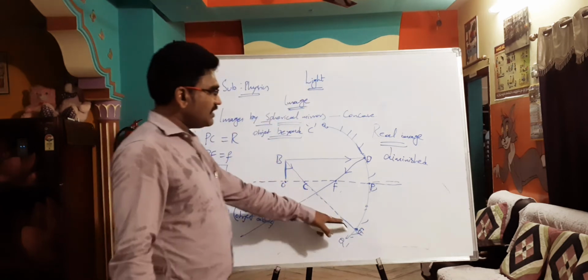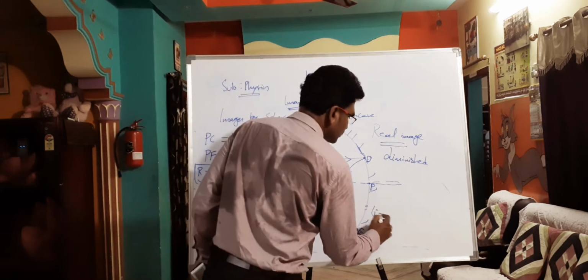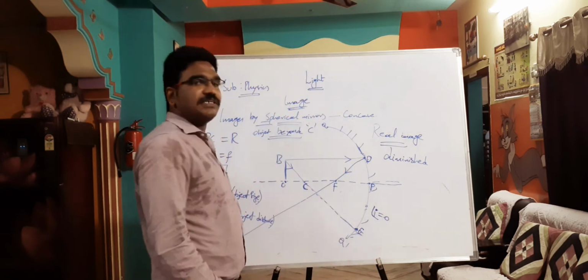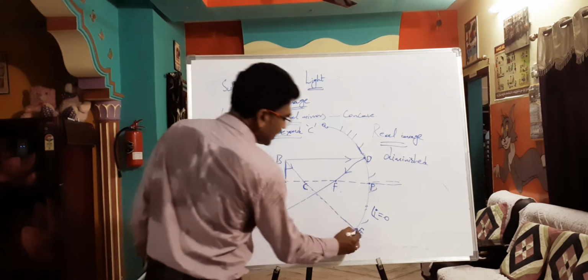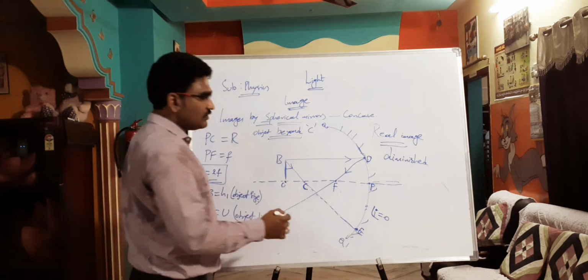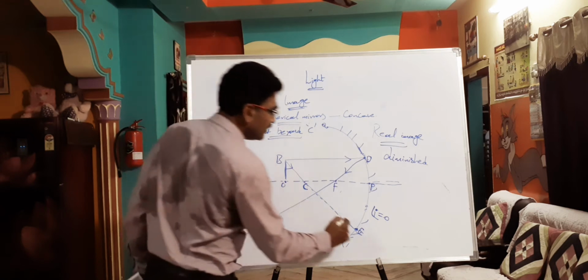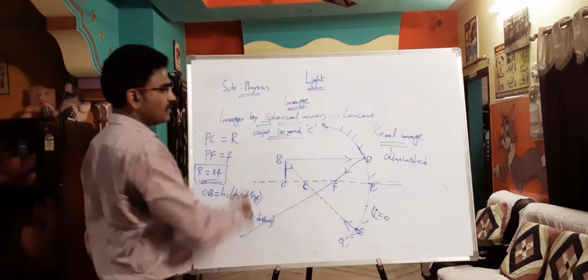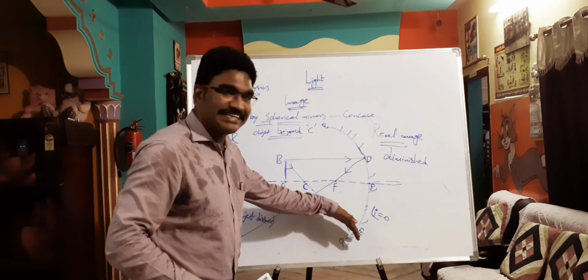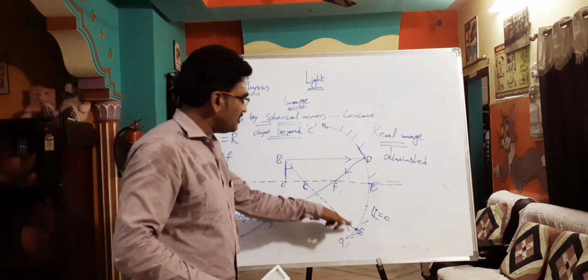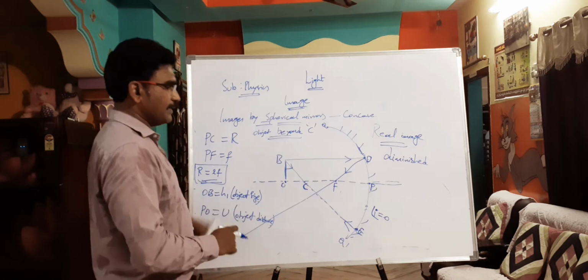What is the angle of incidence here? The angle of incidence is 0, and the angle of reflection is also 0. This is the path of the incident ray and this is the path of the reflected ray, but in reverse direction. So if BE is the incident ray, EB is the reflected ray.